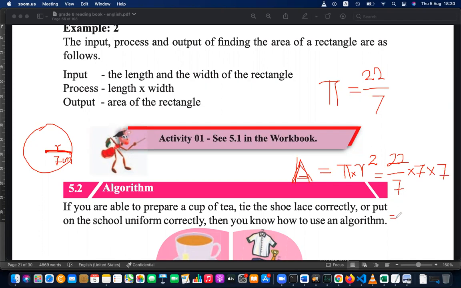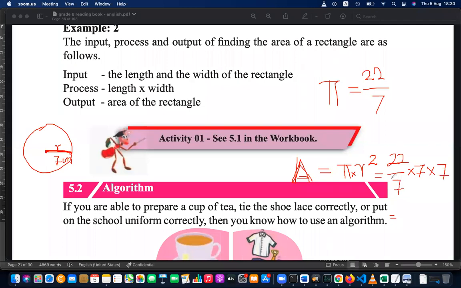What is the value then? Calculate and tell me. Is it difficult? 154. Okay, so how did you find it?